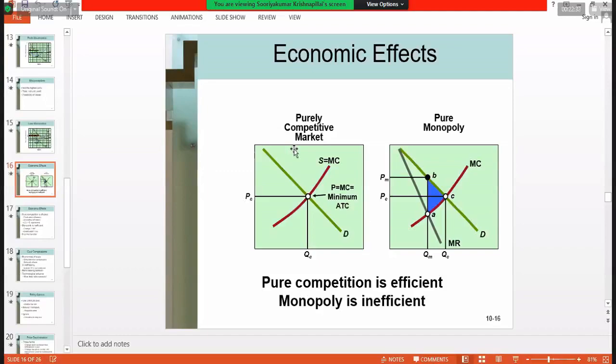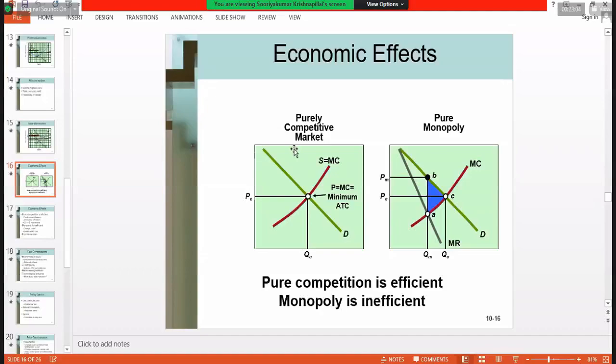In the pure competitive market, there is the demand curve and the supply curve, which is the summation of marginal cost curves. At the equilibrium, where the market demand and supply curves intersect, price equals marginal cost.